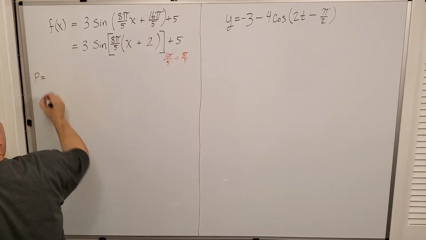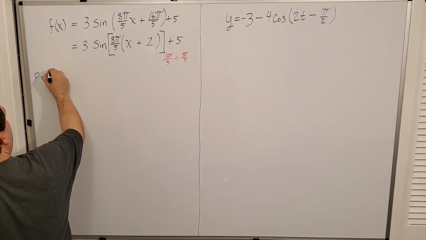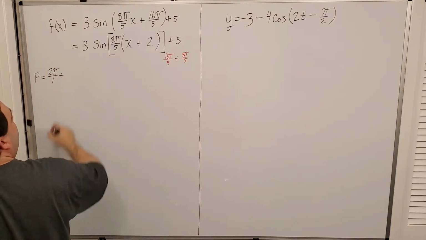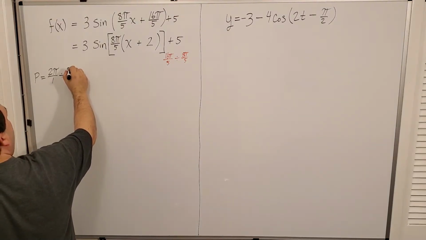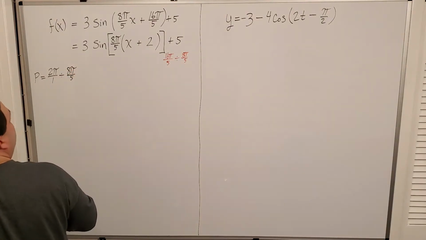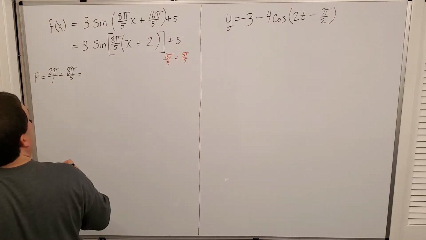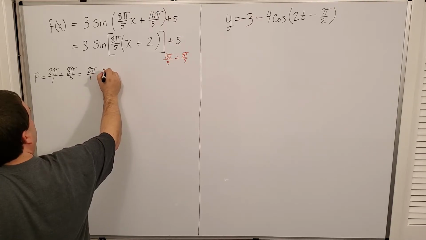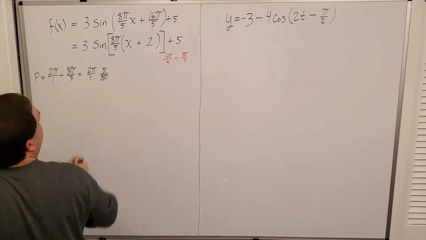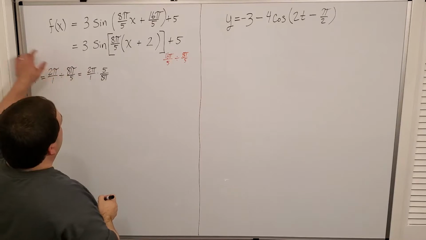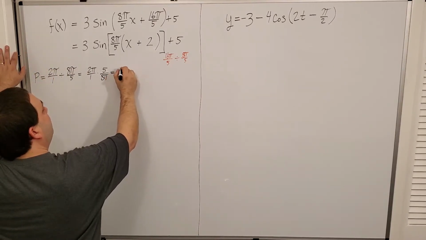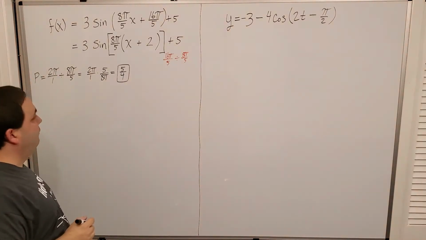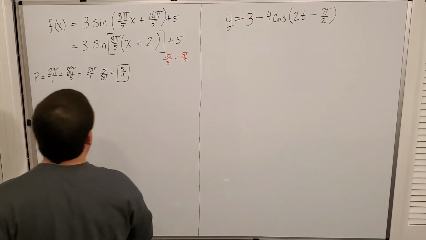My period is going to be 2 pi divided by 8 pi over 5, which is going to give me 2 pi times 5 over 8 pi. So this is going to leave me with 5 over 4. 5 over 4 is the period of my function now.